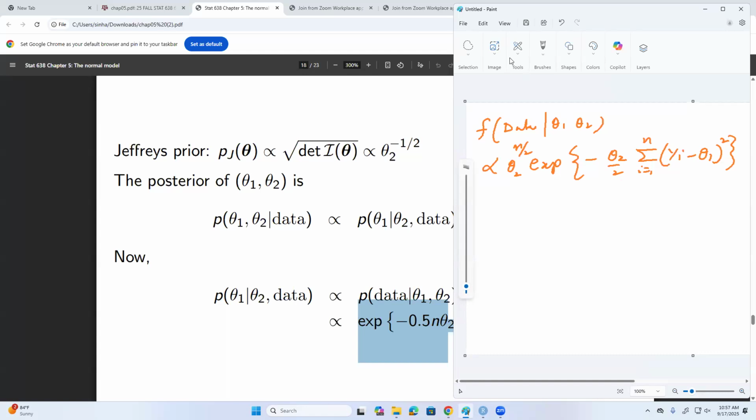I ignored the constant of proportionality, 1 over square root of 2 pi, no value.